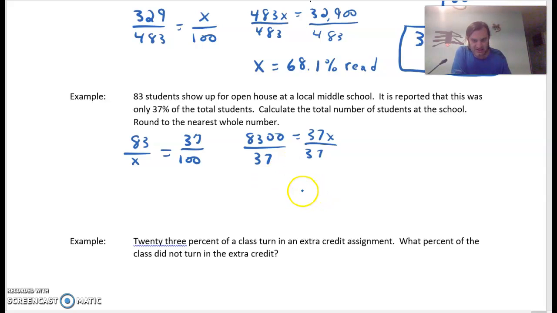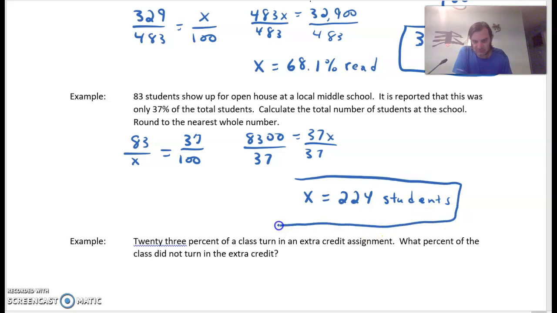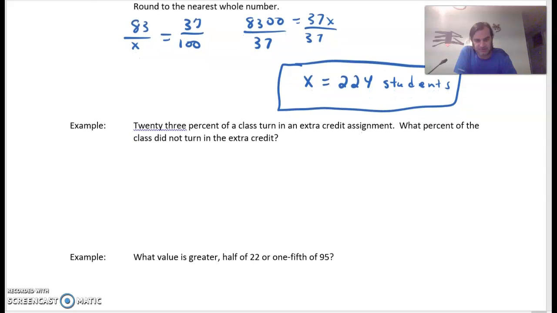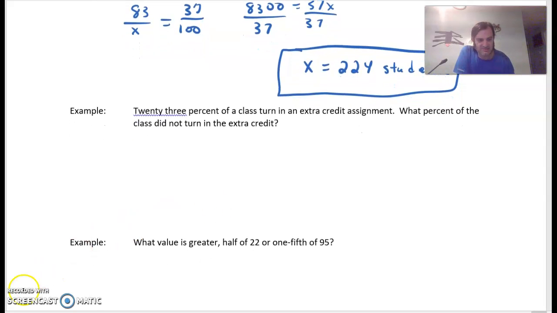I'm getting that this is about 224 students. Okay. So we were told how many showed up, and we're looking for that's out of how many. So the part is the 83, the whole is the thing we don't have. Oh no, there's two more problems. I guess we'll pause and pick it back up.